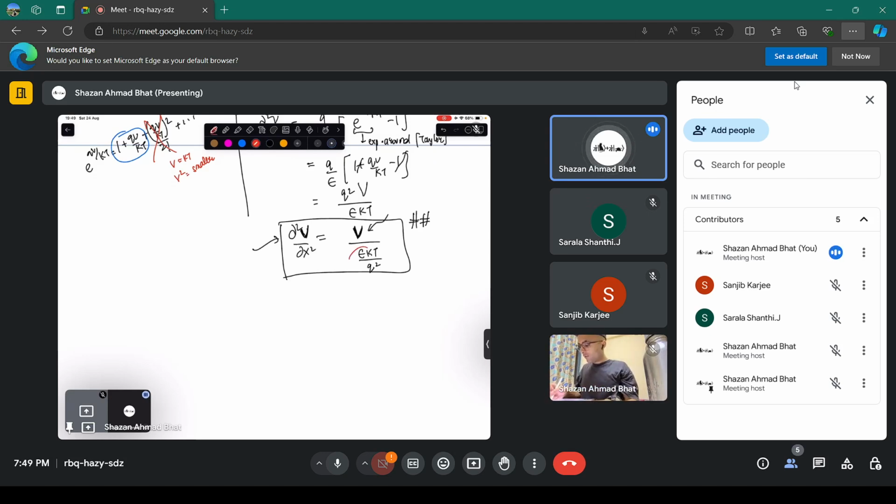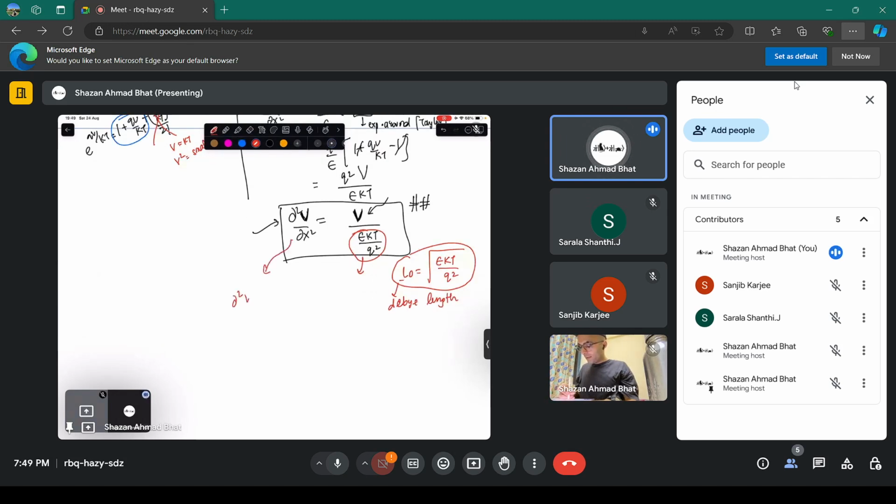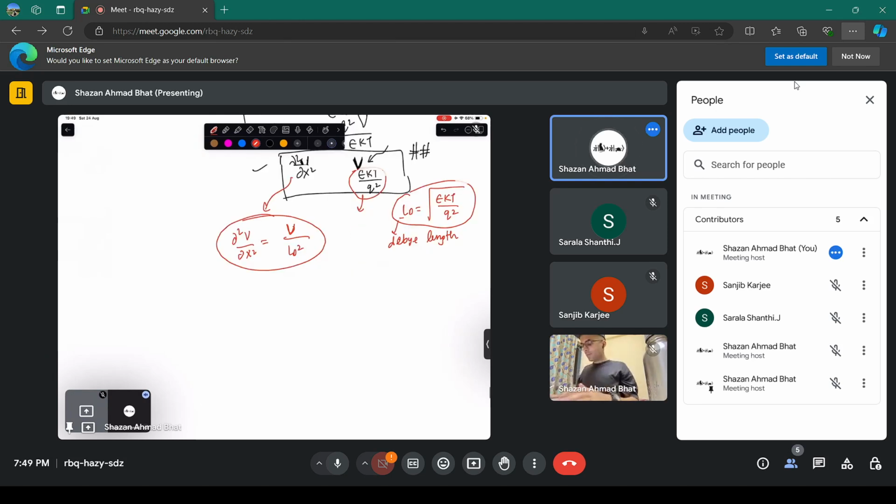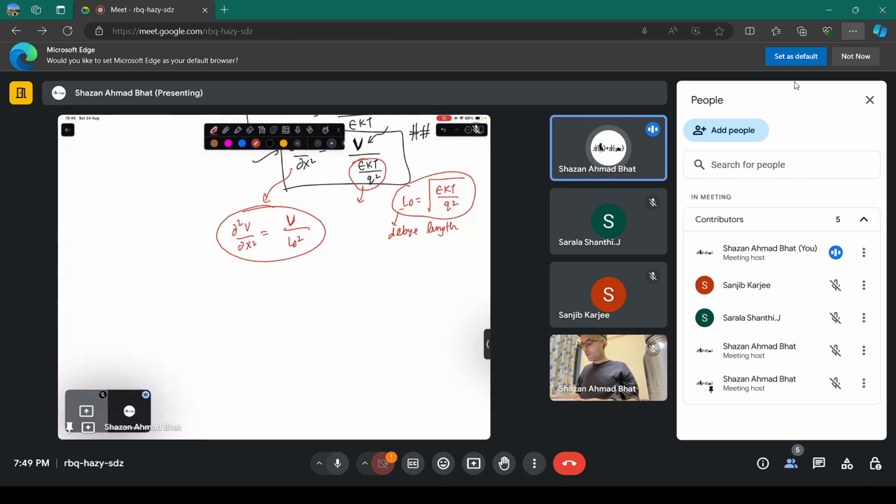And this particular thing, you write it as ld square, where ld is equal to the square root of epsilon kt divided by q square. This is something called the Debye length. And you can write this equation as d square v by dx square equals v divided by ld square. Now again it becomes a simplistic equation. Now we have to solve this.